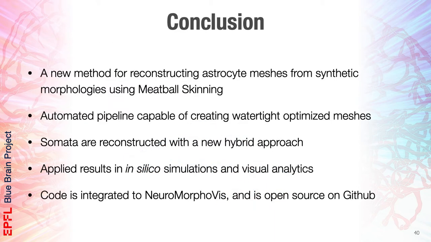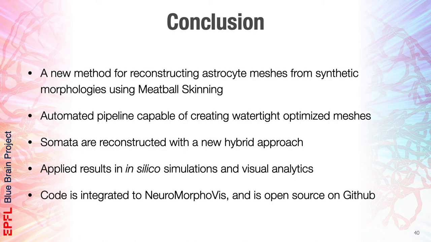In conclusion, we presented a new method for building astrocytic meshes from synthetic morphologies using the Metaball scanning algorithm. And our implementation is integrated in an automated pipeline that is capable of creating watertight optimized meshes that can be used for simulating calcium dynamics based on one of the available simulators in the community, like STEPS or Phoenix.